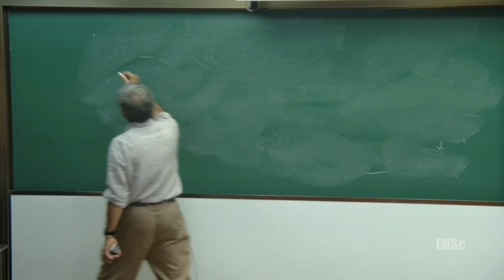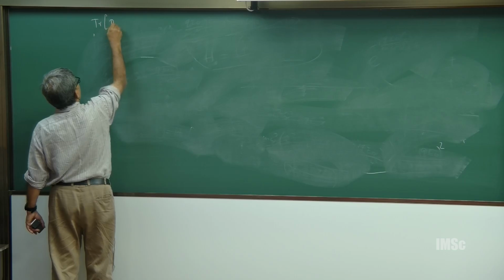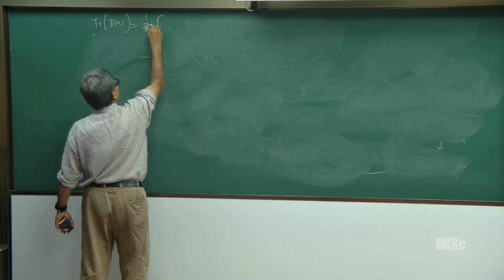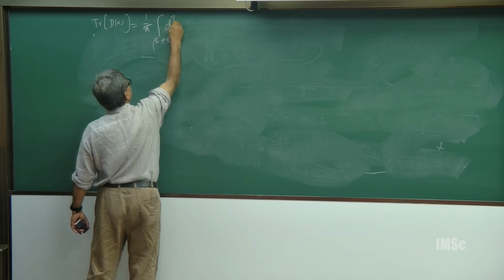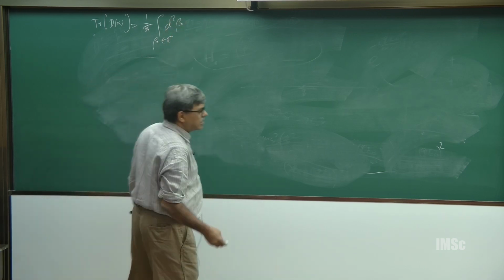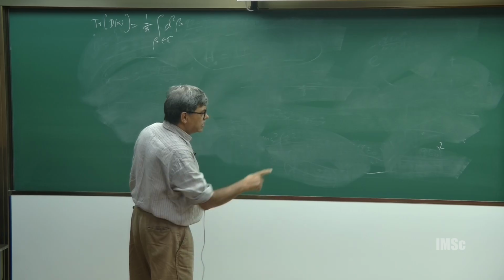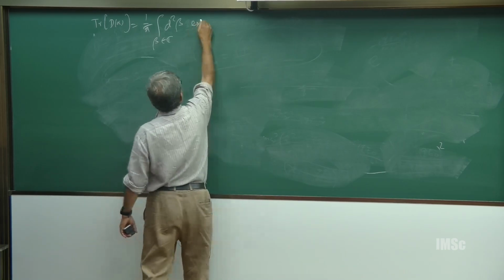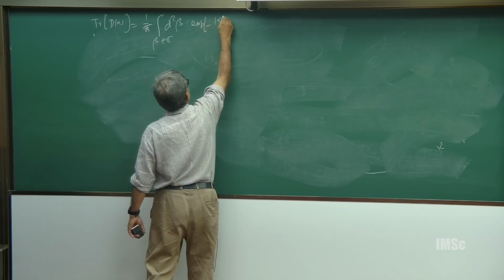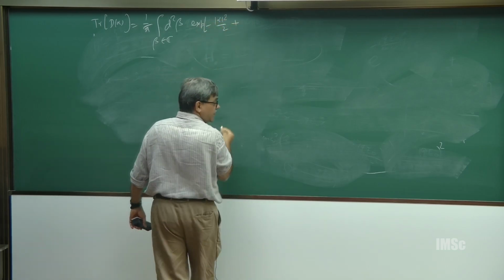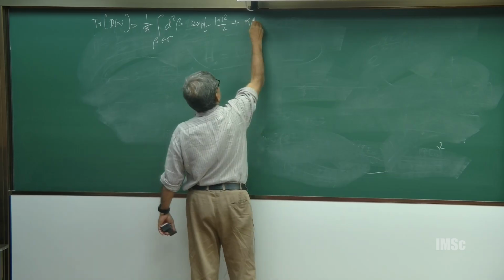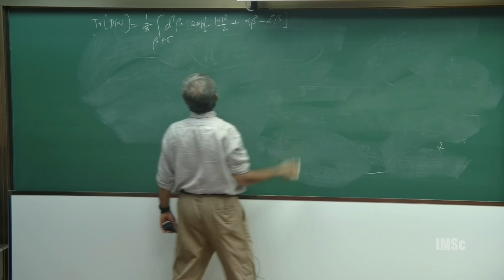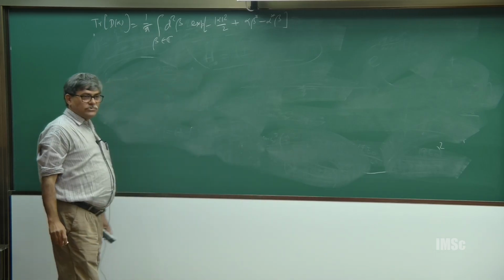So, the trace of D of alpha will be 1 upon pi, integral over beta belonging to C, d square beta, then exponential of minus mod alpha square by 2 plus alpha beta star minus alpha star beta. Okay.